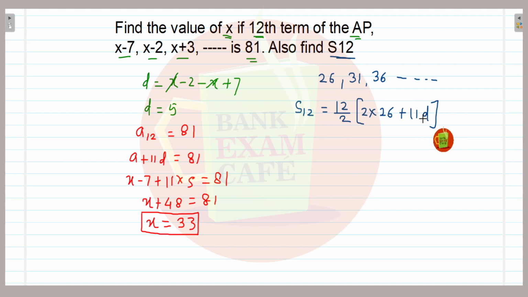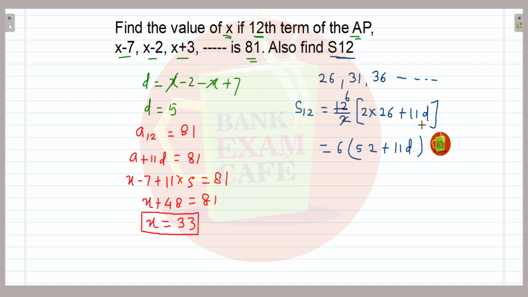So 12 by 2 is 6, into bracket 26 into 2, that will be 52, plus 11d.